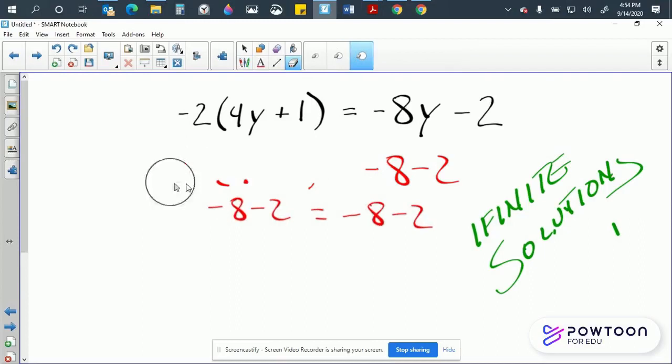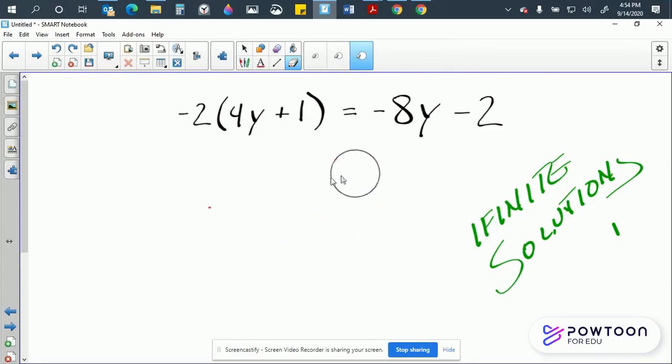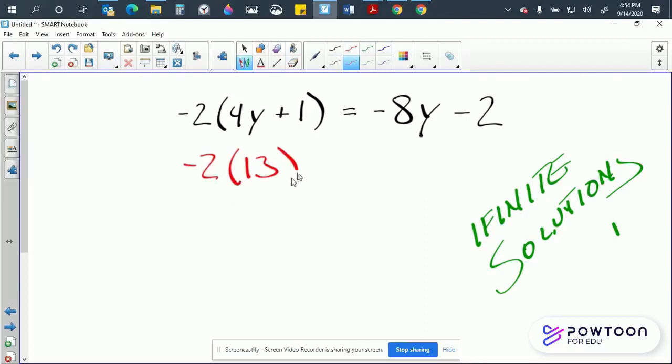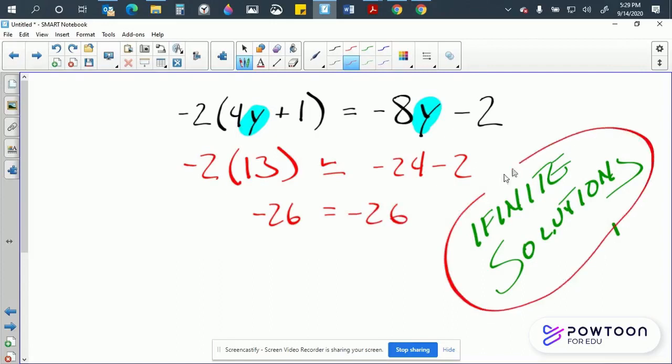If I plug in 3, we're left with negative 2 times 13 equals, on this side we get negative 24 minus 2. We get negative 26 equals negative 26. So any real number that we plug in for y will give us a solution.